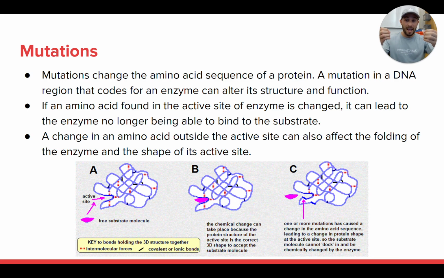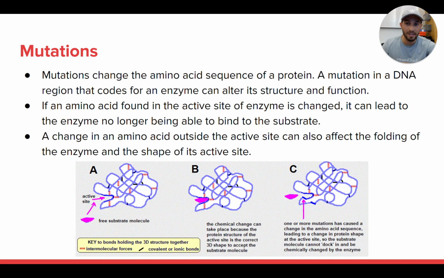And so now that polypeptide, this enzyme, because of some of those amino acids being wrong, is going to fold maybe not the same. And if it folds differently, especially in a way that affects its active site and the ability of that active site to bind to the substrate, that's definitely going to affect the activity of this enzyme.